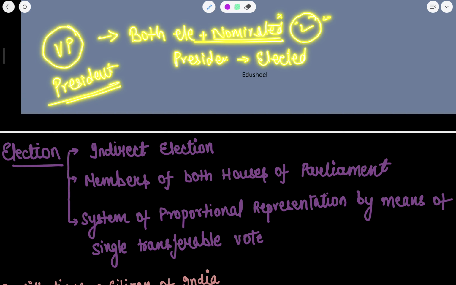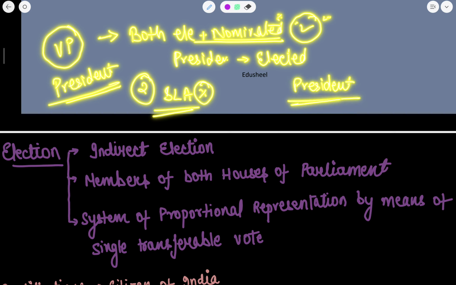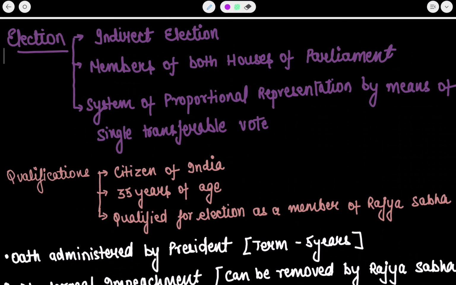There is no role of the nominated members. Okay, the second point is, in the election of the Vice President, the members of the state legislative assemblies are not given any importance, or they do not participate, whereas we have seen in the election of the President, the elected members of the state legislative assemblies actively participate. So this is the basic difference that you need to know.